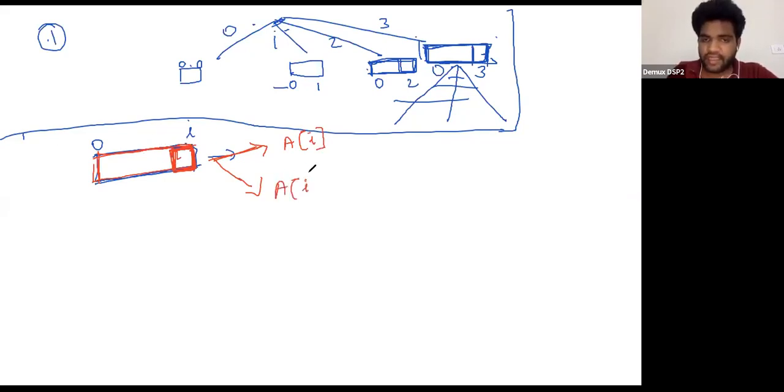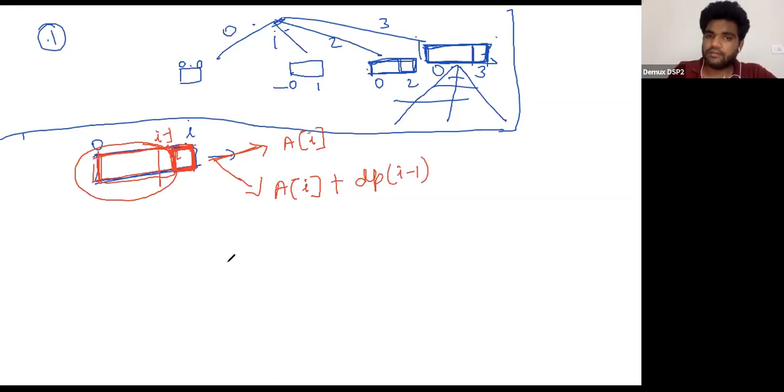I have A[I] plus whatever the maximum subarray I can get from this part ending at I minus 1. Right? So that itself is dp of I minus 1. So I will take the maximum of these two to obtain an answer for I.